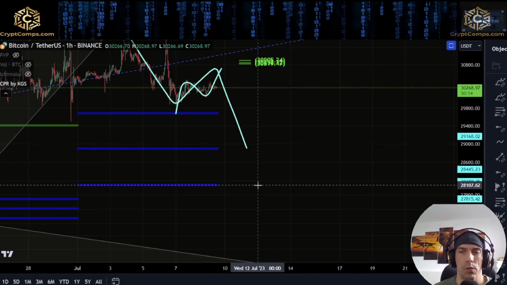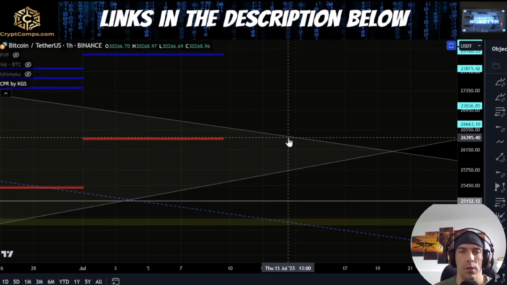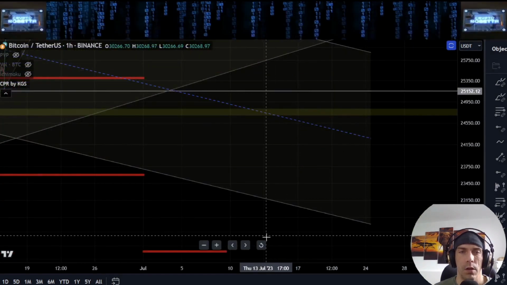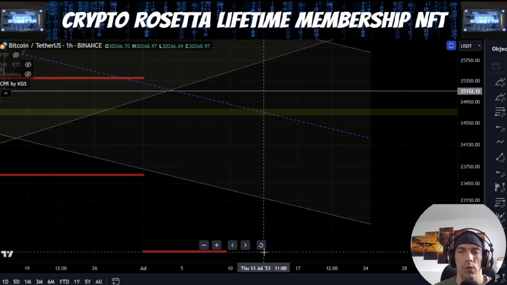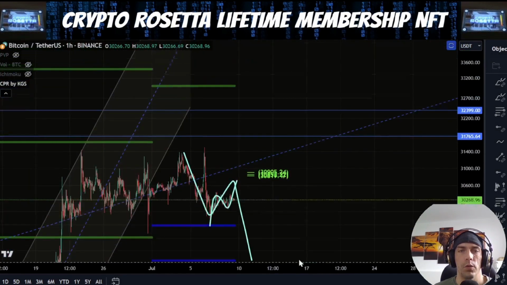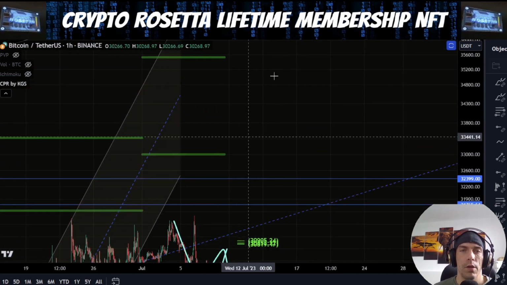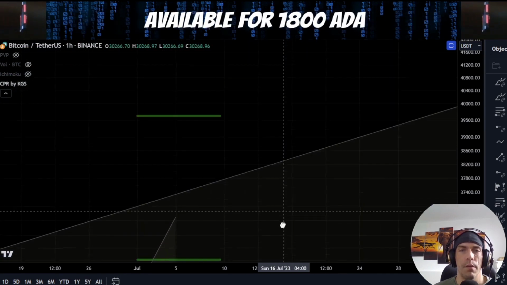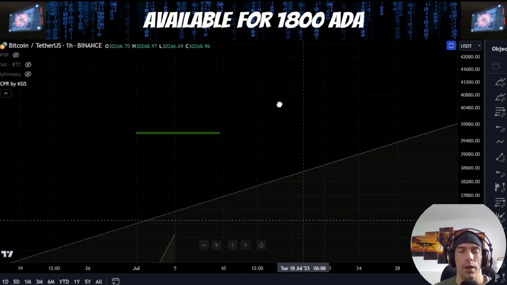And then we also have this 28,107. Then lower targets for this month would be this 26,371. And this lower one here would be this 22,259.39 as possible targets for this month. Alternatively, if we are looking at the upside targets for this month, we have that one stated already, 35,545 and this 39,642.